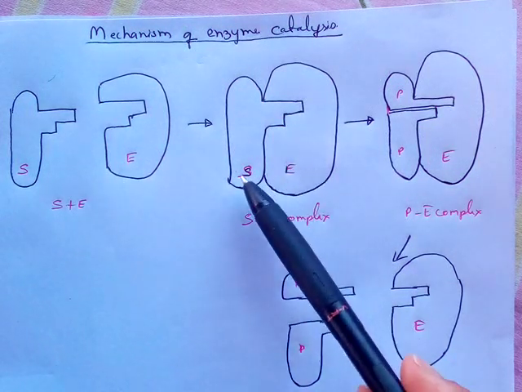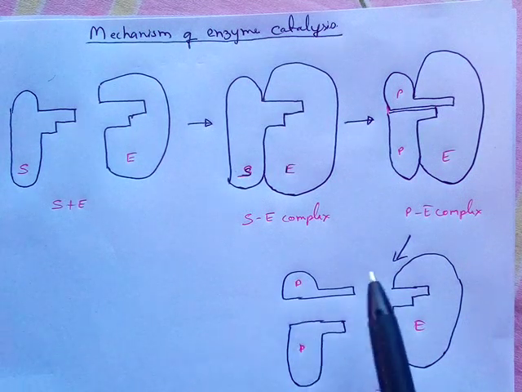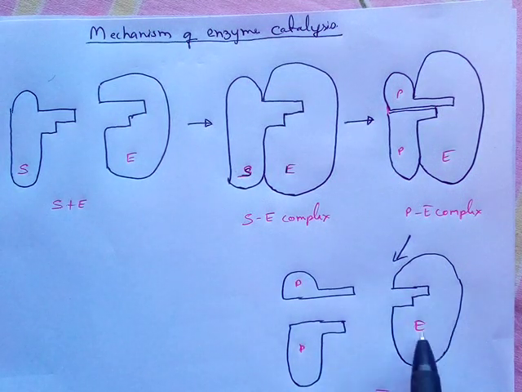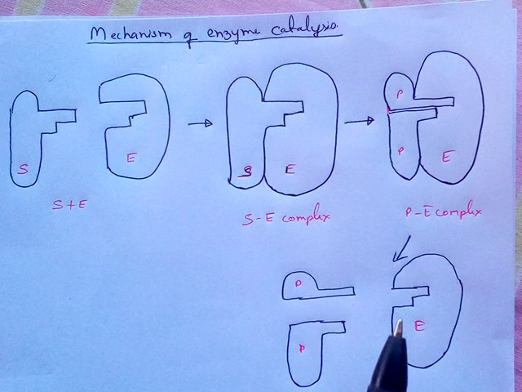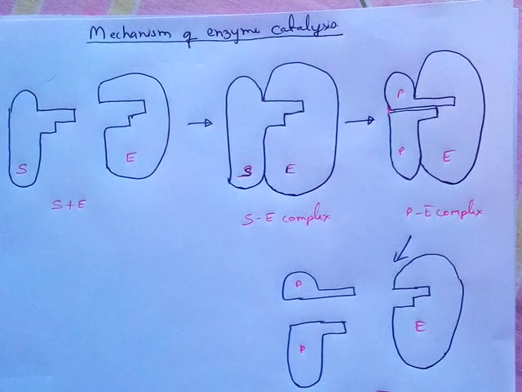Then again the substrate will be broken into the product. Then products will come out from the enzyme. Again the enzyme becomes free. So that means one enzyme can be used again and again. That is why the efficiency of enzyme is very high.